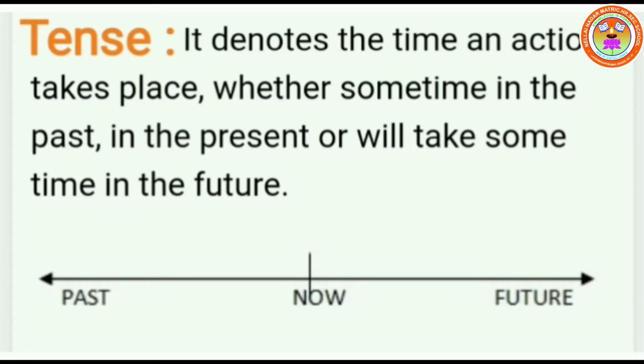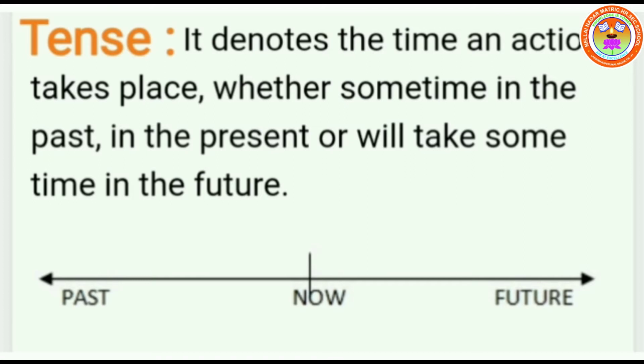What is a tense? Tense denotes the time an action takes place, whether sometime in the past, in the present, or will take place some time in the future. There are three kinds of tenses.